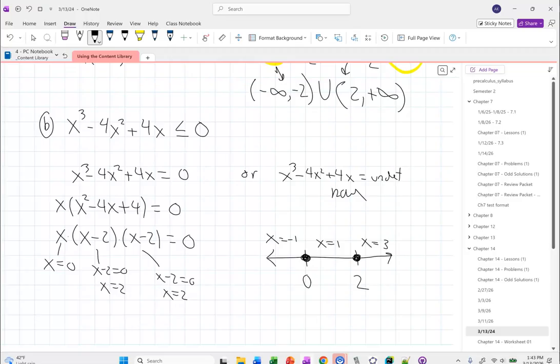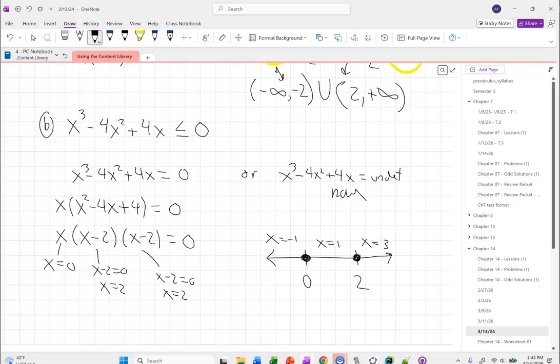It does not matter. At the end of the day, do I care what the number is when I plug it in? Not really. What I care about is whether it's positive or negative. So this makes it really easy to tell. I'm going to use this one.